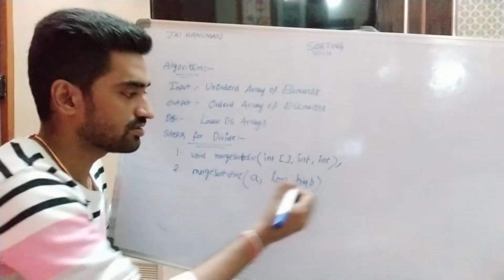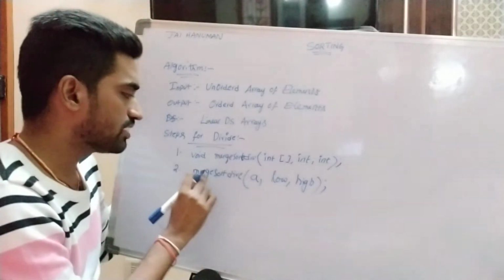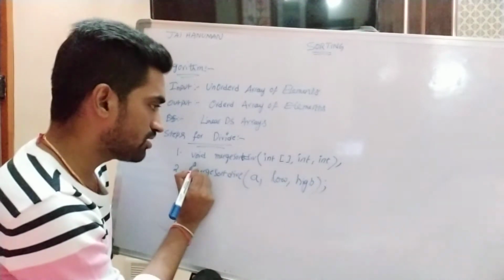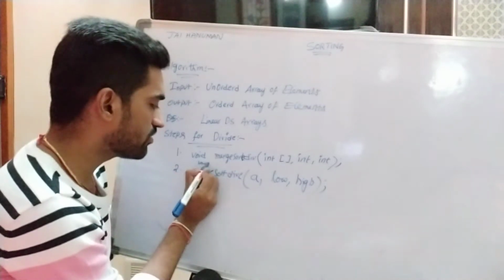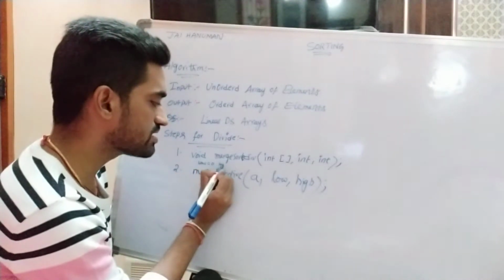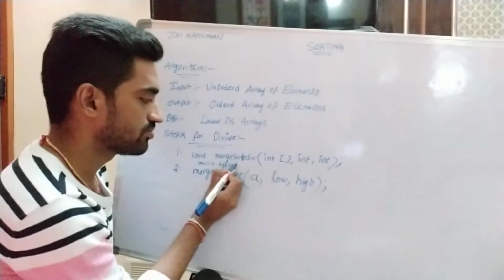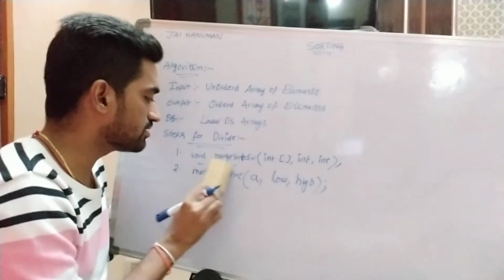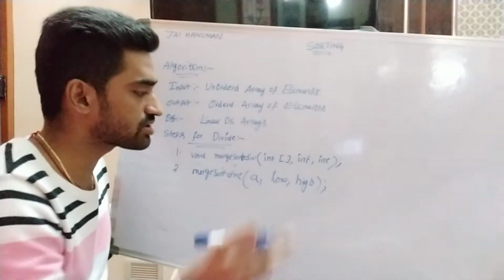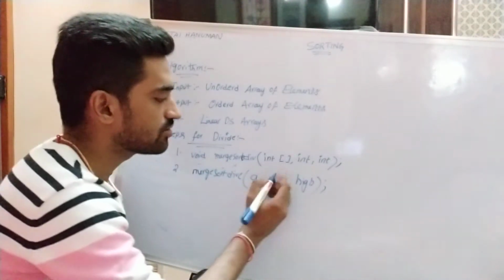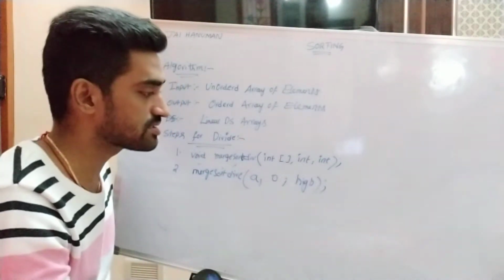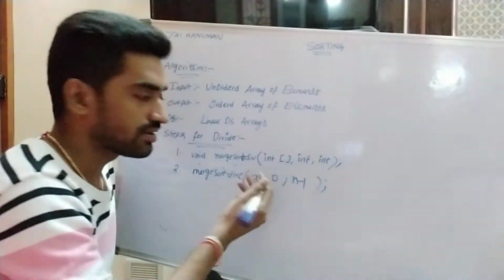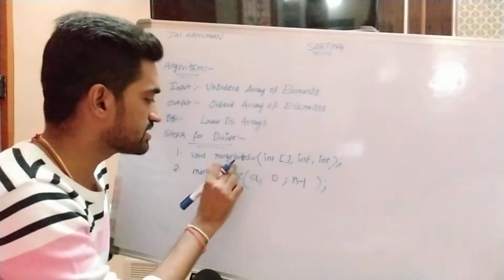Before calling this function, you have to set low equal to 0 and high equal to n minus 1, or directly write these values in the function call: low value is 0, comma, high value is n minus 1. Either one is correct, but you have to initialize them.